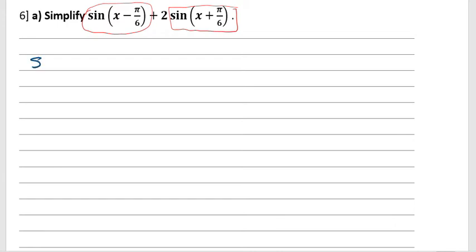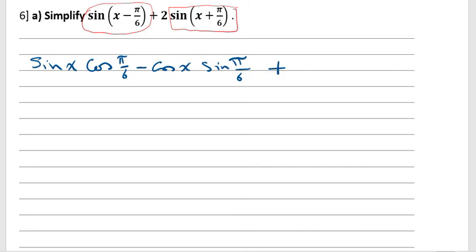So it will be sine cosine, cosine sine. The first angle is x, the second angle is pi over 6. Between them it will be the same sign.